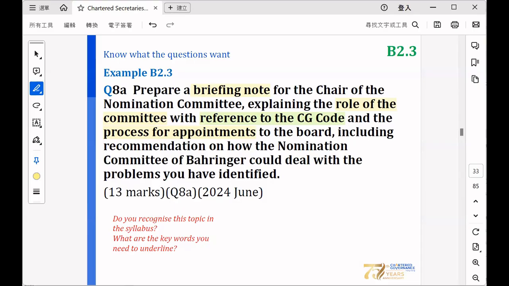So we show the board what particular skills are missing on the board, and the recruitment for the directors should also take into consideration gender, diversity, and all the other things.